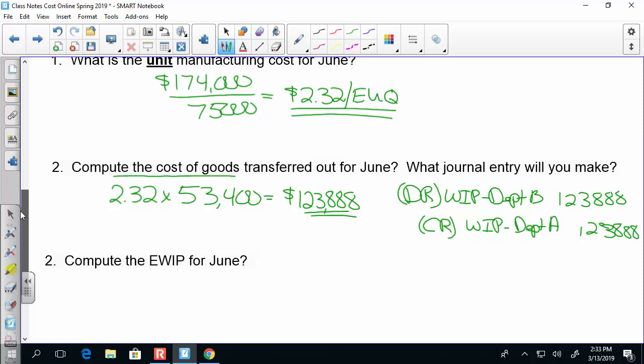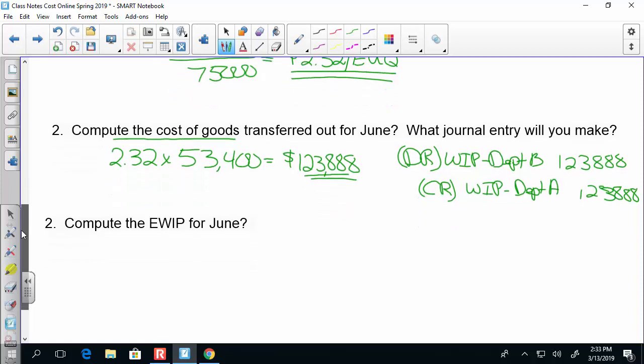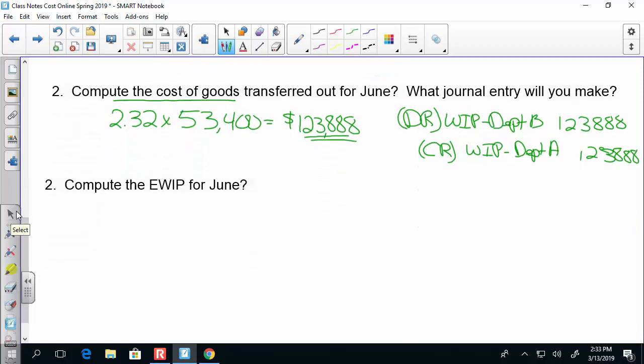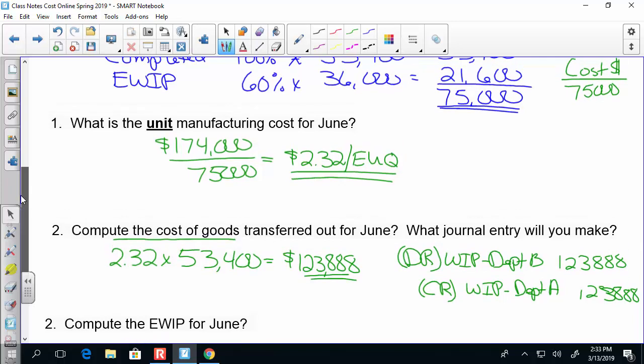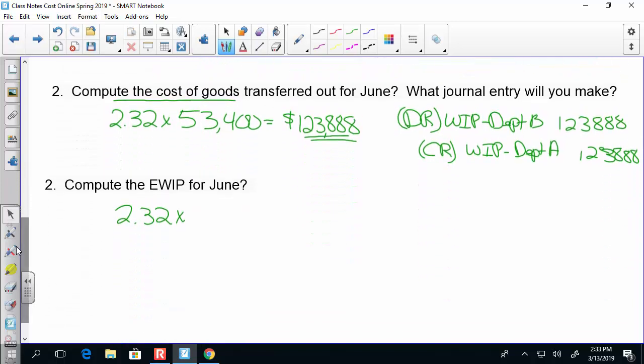In addition, not only do we have to compute the cost of what was transferred out, we've got to compute the cost of what remains in this Department A's WIP account. So again, we're going to use that 232. We're going to multiply not by the 36,000, we're going to multiply by the 21,600 equivalent units. Remember that this here is an EU number. So is this number.